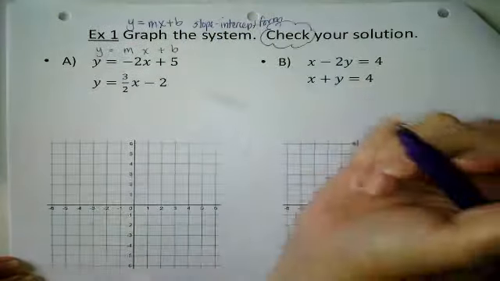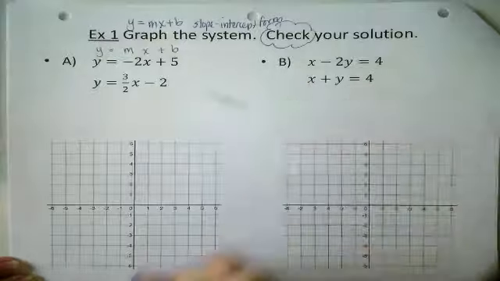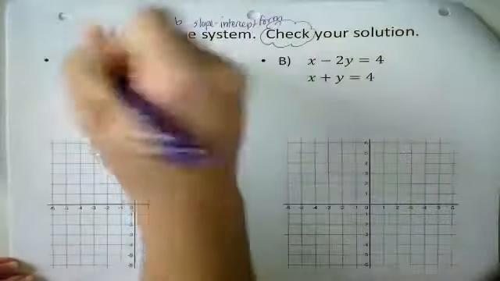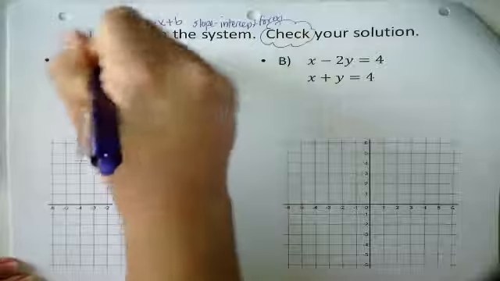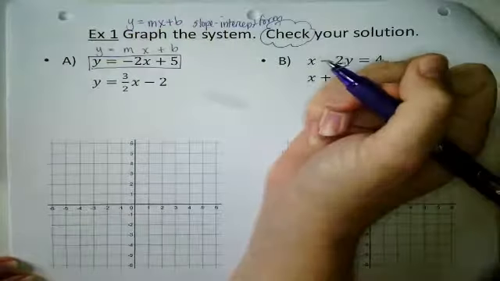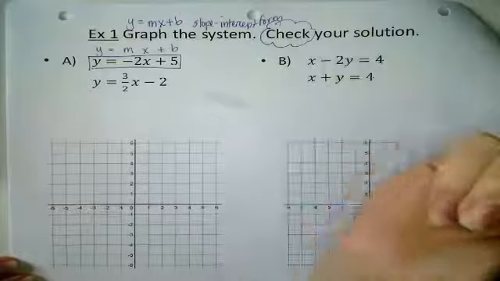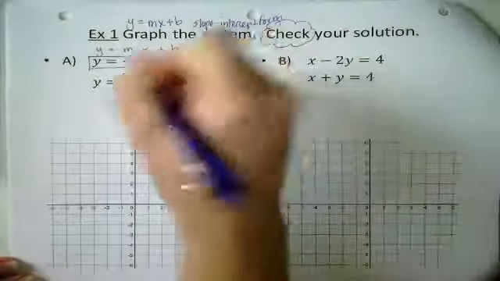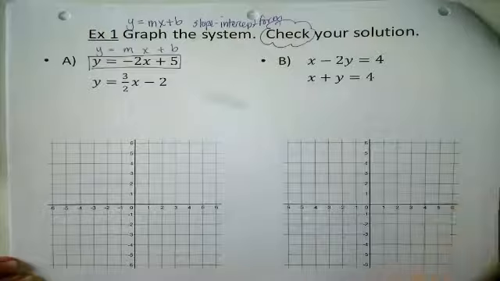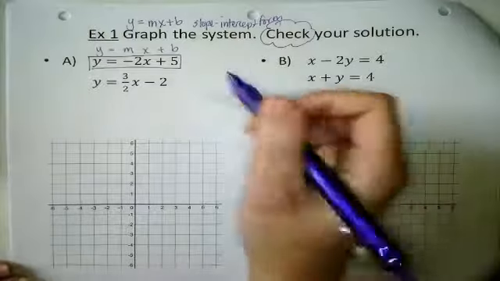You have to scroll down, and at the bottom of the graph there'll be colored equations, and you need to click on the color to make sure that you're graphing the proper line. One is going to be blue and one will be green, or whatever other combination of colors it is.